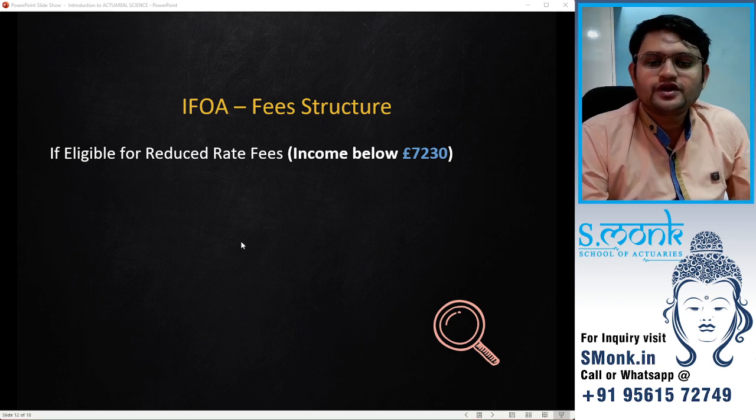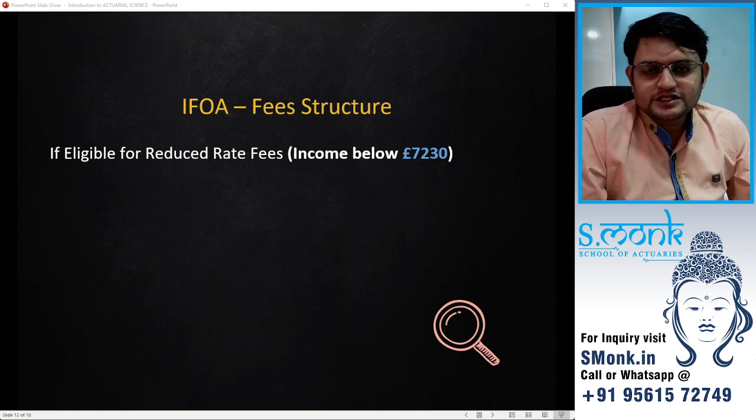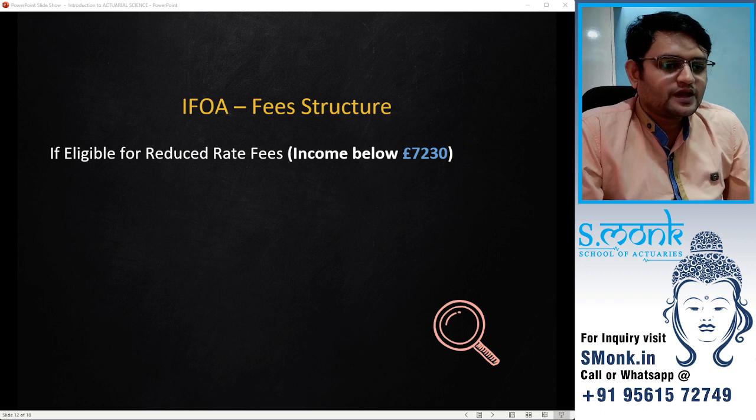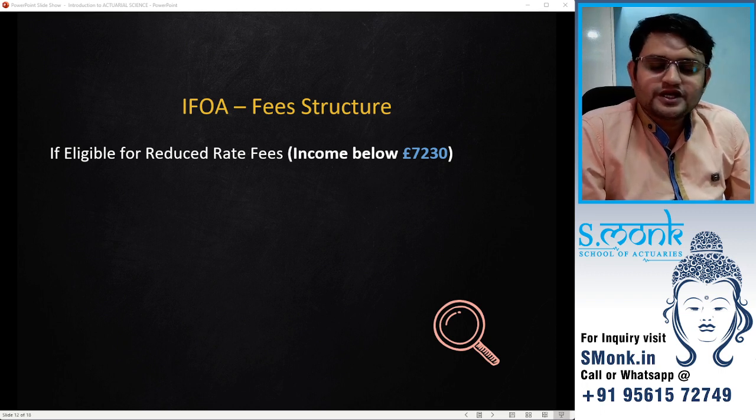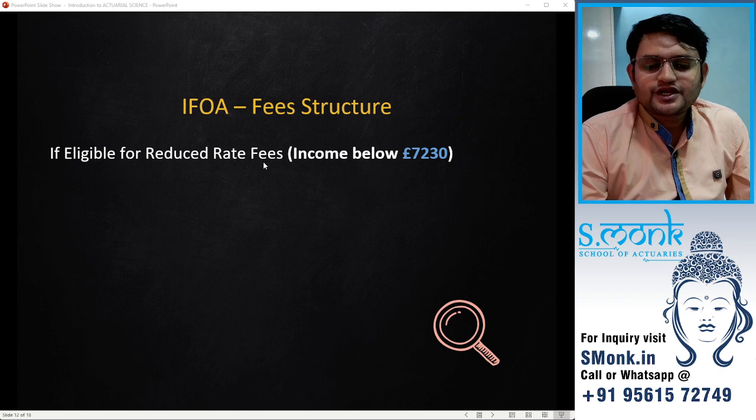If you convert it into rupees, it will come out to be about 7 lakh rupees. So your personal income, not your parents' income, not your family income, it is going to be your personal income. So most likely majority people here are studying, so they don't have income, so that is fine. So you will be applicable for reduced rate fees.